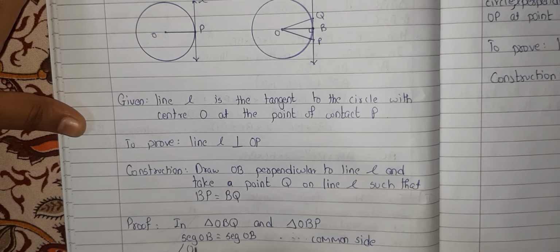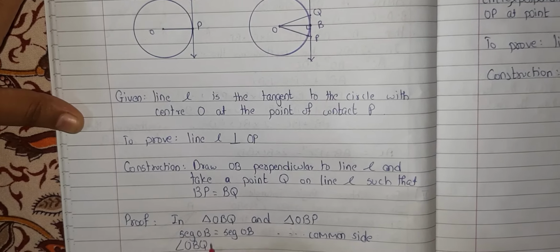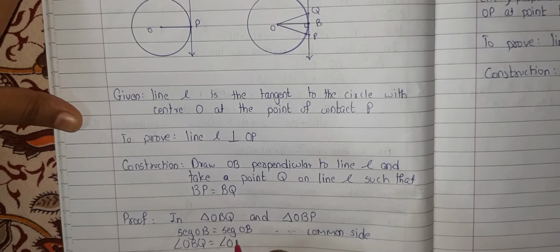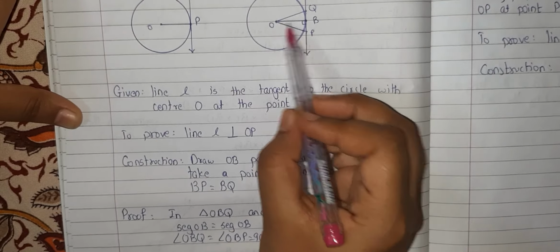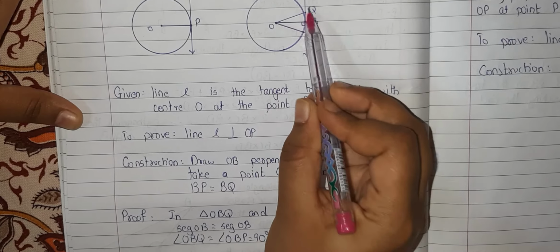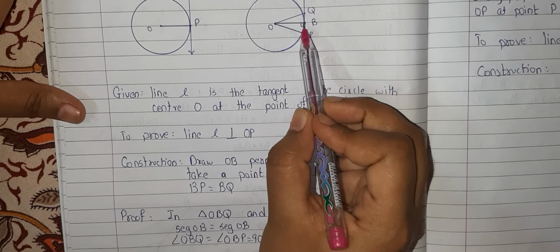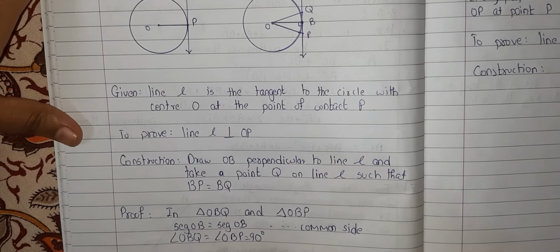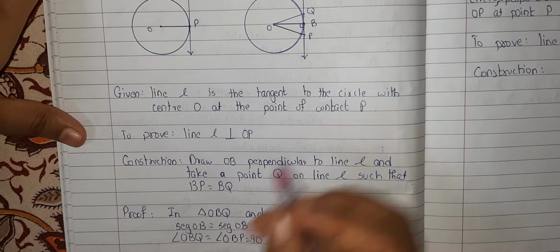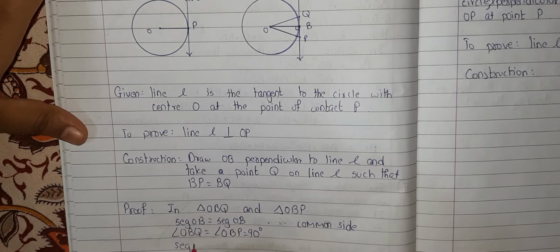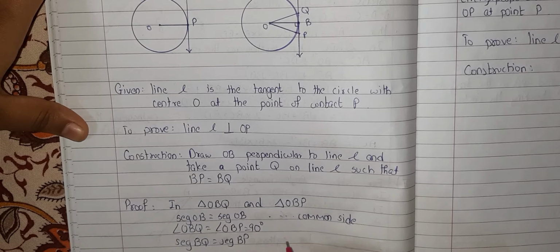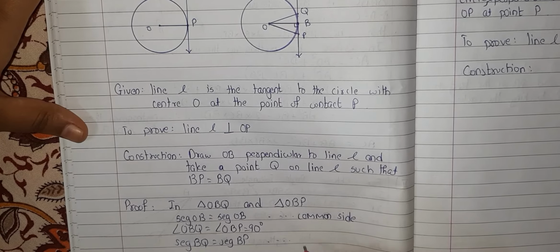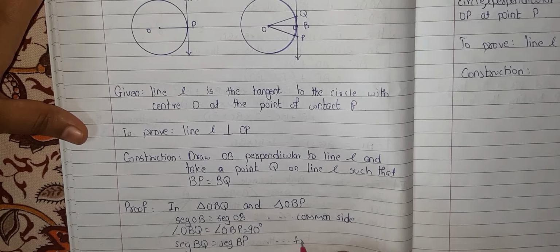Angle OBQ is equal to angle OBP is equal to 90 degrees, as OB is perpendicular to line L. And segment BQ is equal to segment BP, from construction.